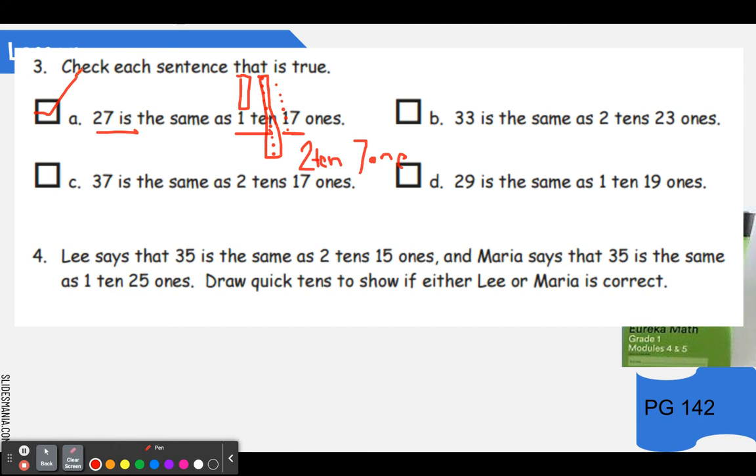So I will put a check. You're going to complete the rest to make sure that it is correct. So let's go to B. 33 is the same as 2 tens and 23 ones. Go ahead and figure this problem out. Let me give you some time.